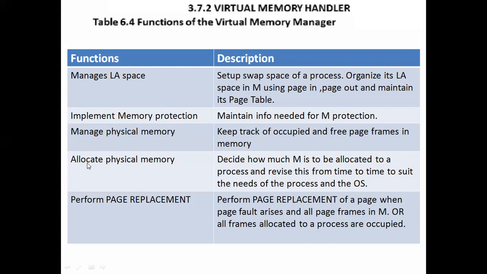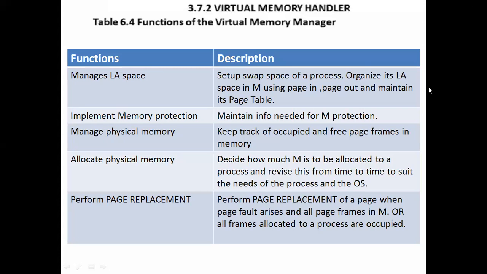The fourth function is allocating the physical memory, which means deciding how much memory is to be allocated to a process, and also revising this from time to time so as to meet the needs of the process and the operating system.